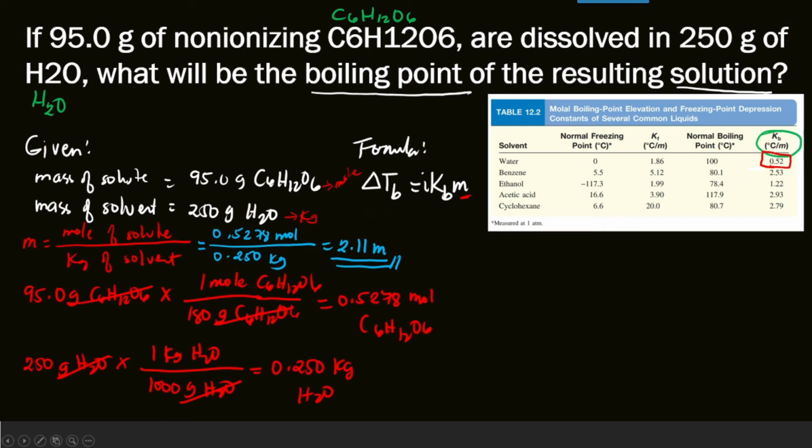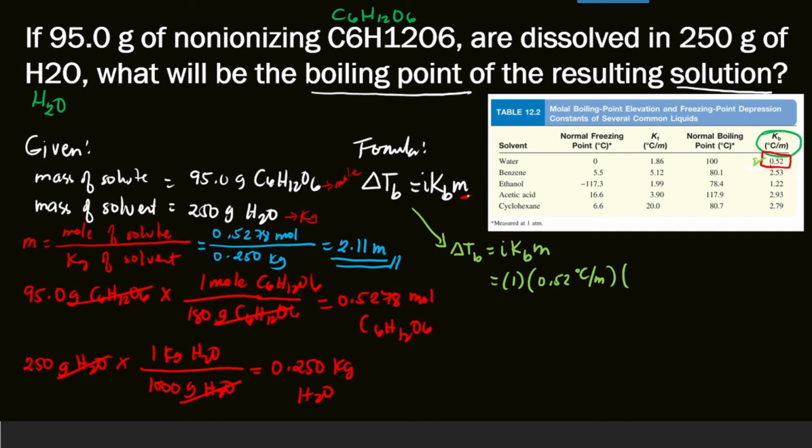So, our boiling point elevation is equal to i times Kb times molality. Our i here is 1, because we have non-ionizing C6H12O6. So 1 multiplied by 0.52. You need this table when you solve this kind of problem.